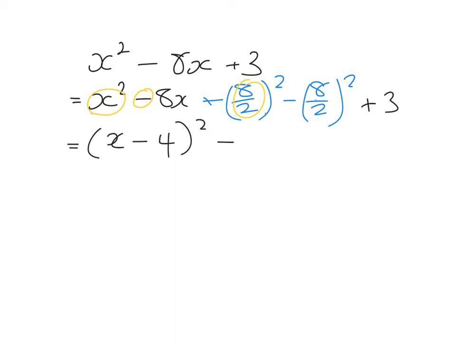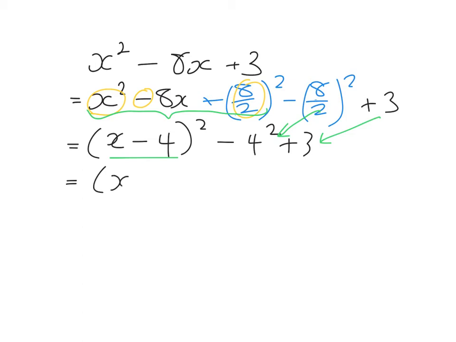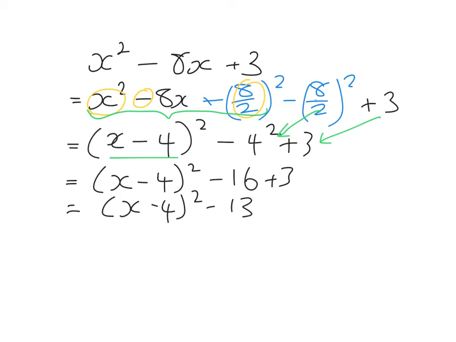And then we take away 4 squared plus 3. So that bit there has become that. These 3 terms here have gone into the bracket. So I'll just simplify those last terms. x take 4 squared minus 16 plus 3 equals x take 4 squared take away 13.